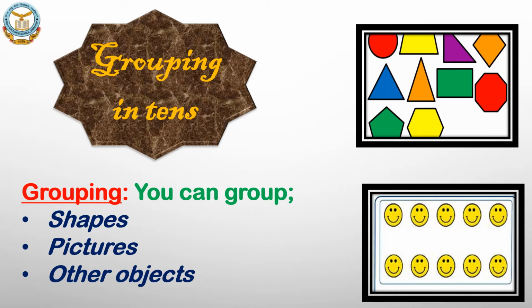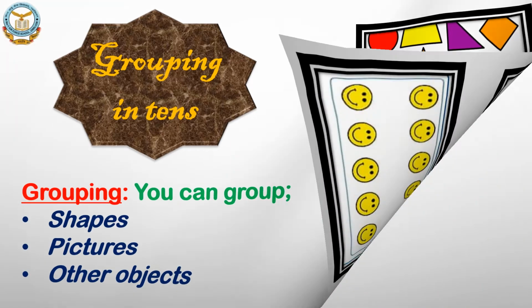In this picture, different smileys are arranged in one group, and when you count the number of smileys, it will give you number 10. That is why it is also considered as a group of tens. So in this way, you can easily make a group of tens. You can easily arrange any shapes, pictures or objects in a group of tens.